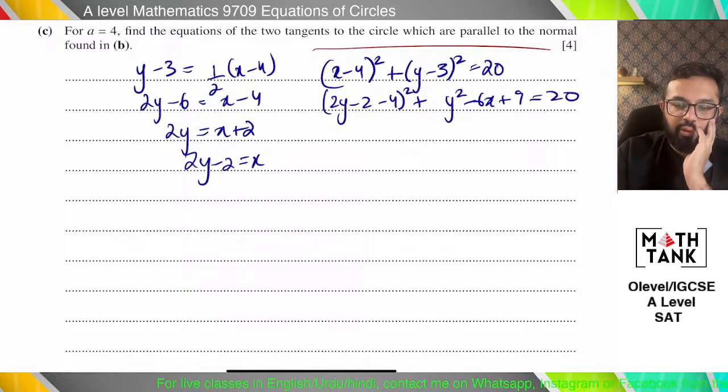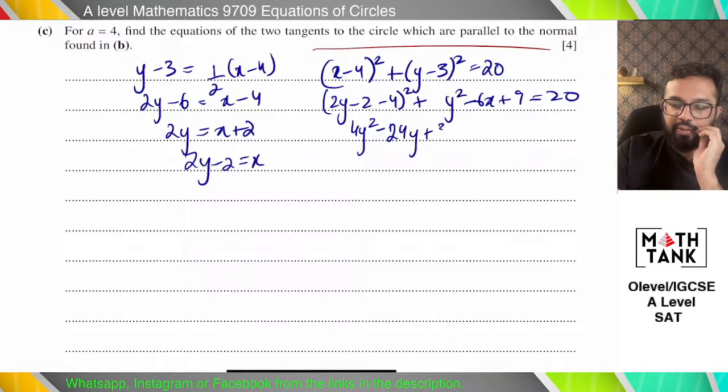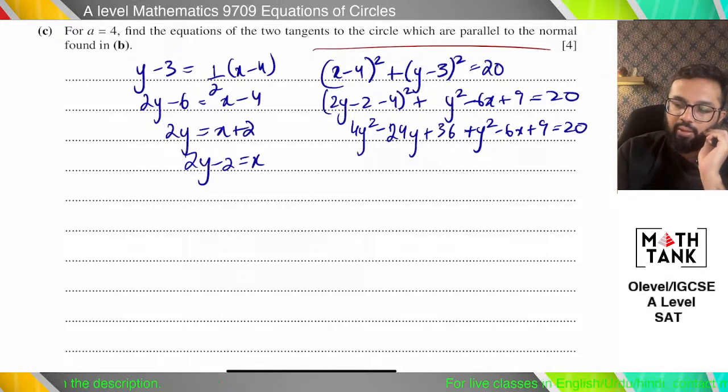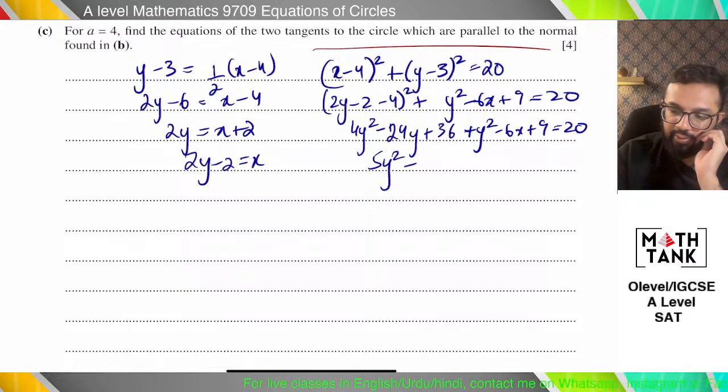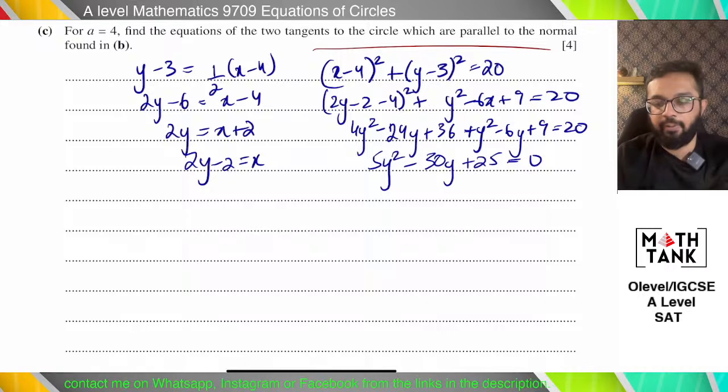Okay, so I have 4y squared, 6 into 2, 12, 24y plus 36 plus y squared minus 6y plus 9 equals 20. Okay, 5y squared minus 30y plus 45 minus 20 is plus 25.